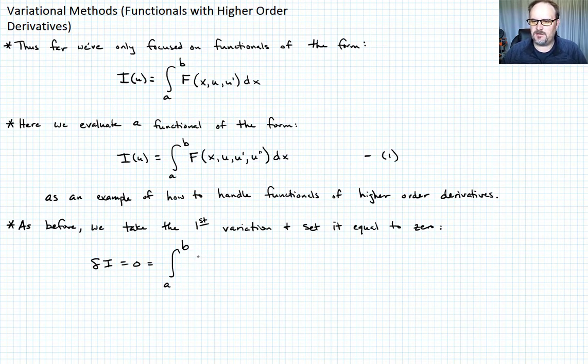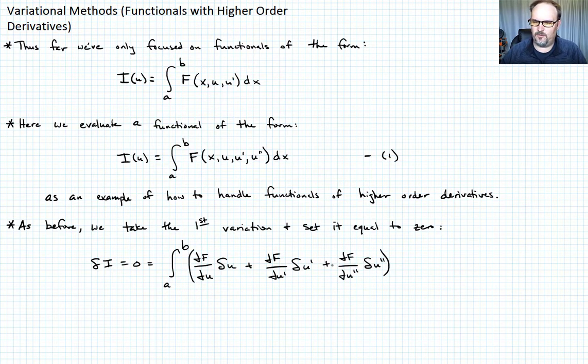So this becomes partial f with respect to u times delta u plus partial f with respect to u prime times delta u prime plus partial f with respect to u double prime times delta u double prime, integrated over dx. Let's call that equation 2.